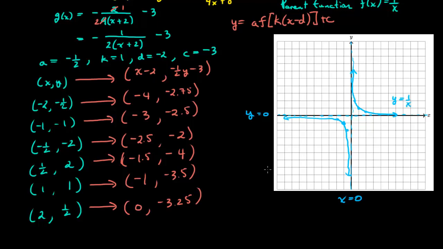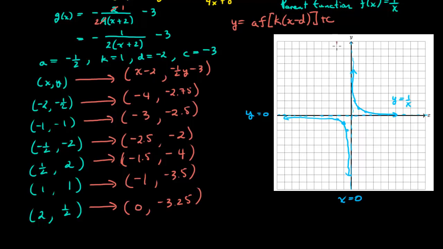So now let's go ahead and we'll graph our transform function. And anytime that you're transforming a reciprocal function, the first thing that you should always do is think about where your asymptotes are. You can do that by identifying what translations have been applied to the parent function. So I know that since d is equal to -2, I have a horizontal translation 2 units to the left.